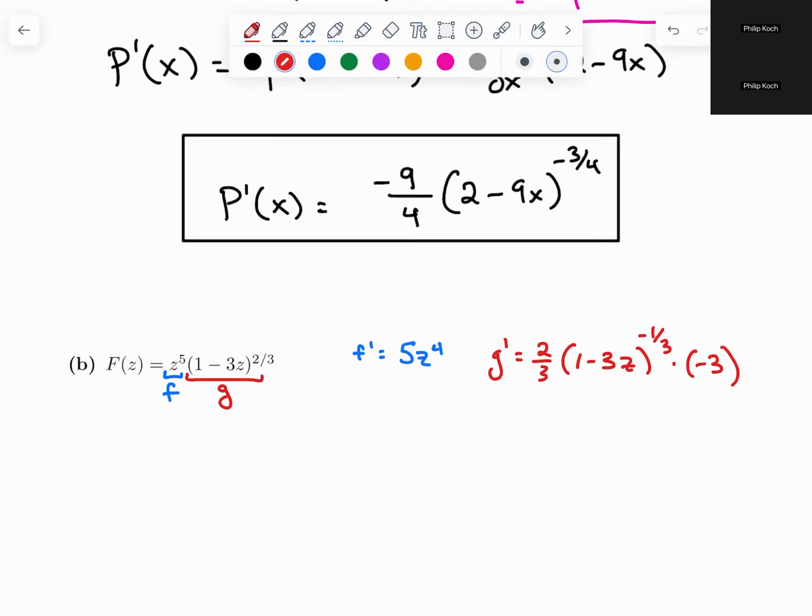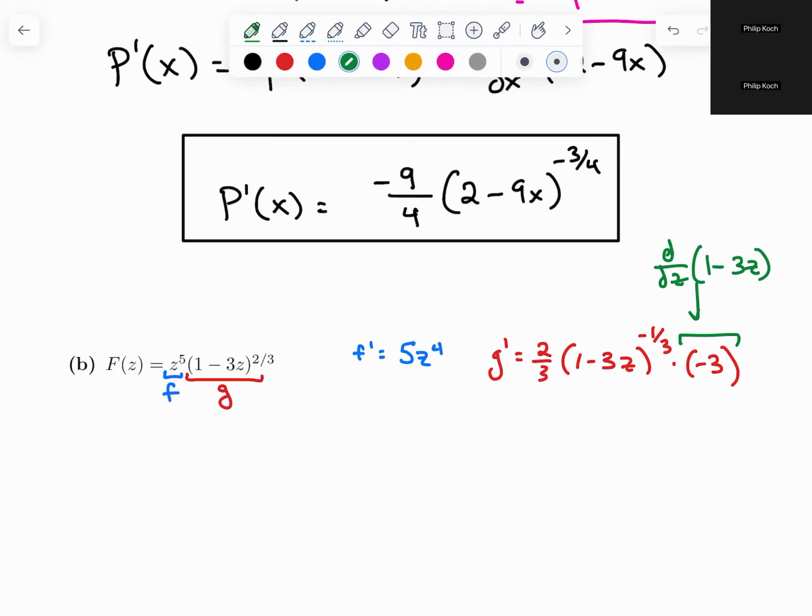So the outer function for g was the 2/3 power. That's why it's now 2/3 by a power rule to the 1/3. But you're evaluating at the inside, so that's why it's 1 minus 3z times the derivative of 1 minus 3z. And we can write that above it if you'd like. This is ddz of 1 minus 3z, the derivative of the inside.